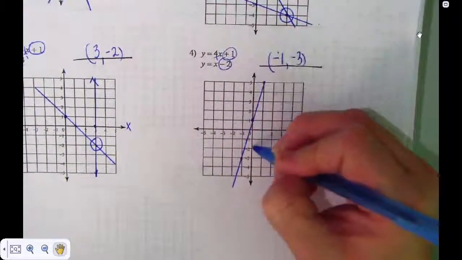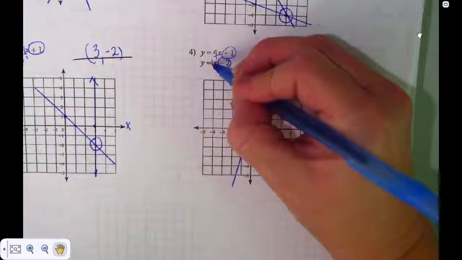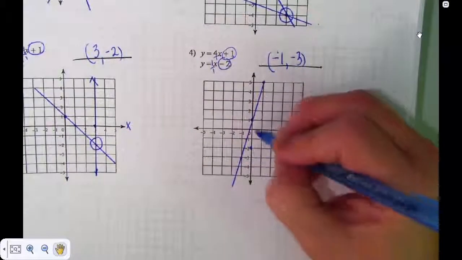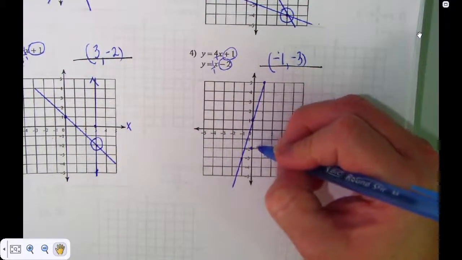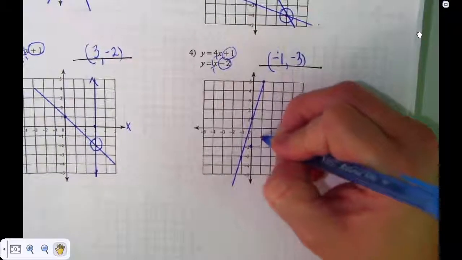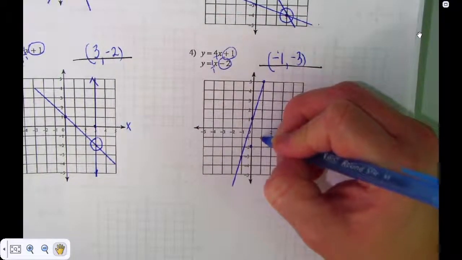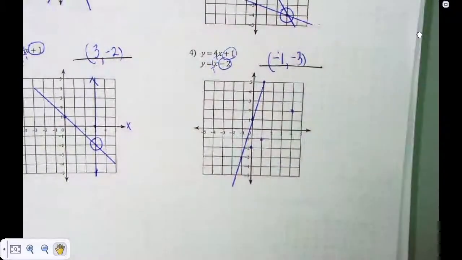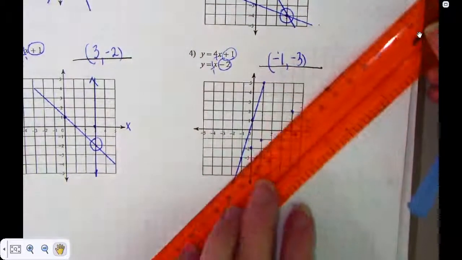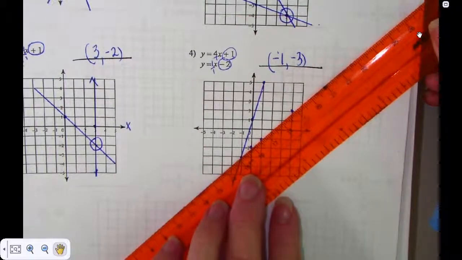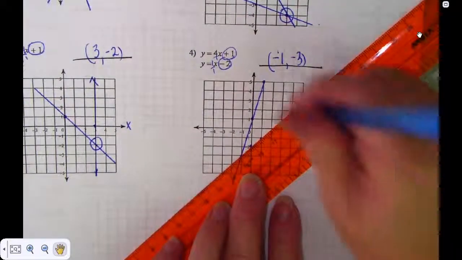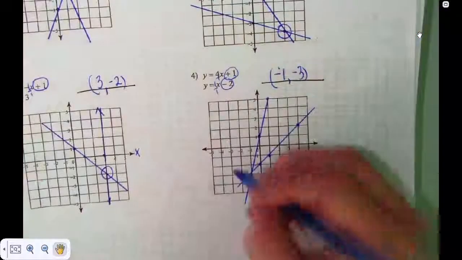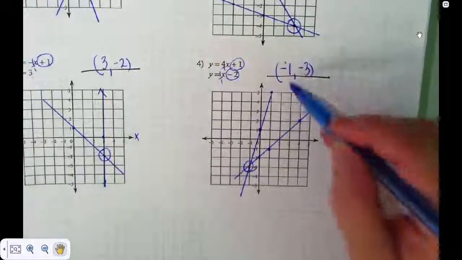That's negative 2. The slope is 1. I'm going to go over 1, up 1. Or I could go over 3, up 3. 3 over 3 equals 1. My solution is negative 1, negative 3.